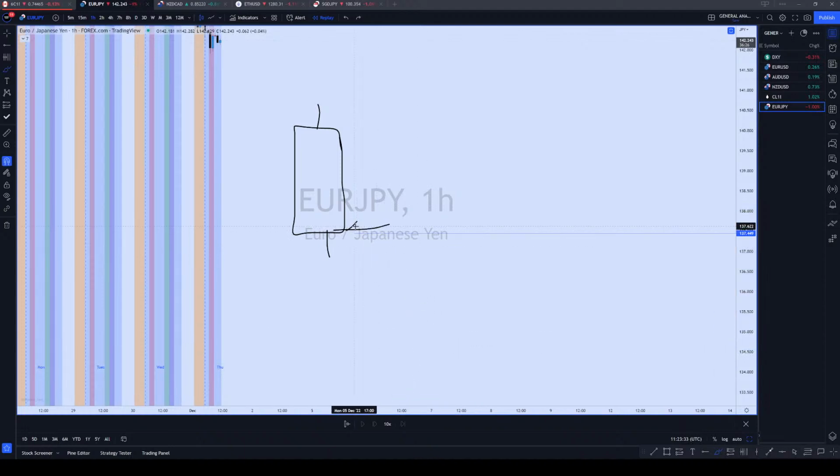Because once they trade aggressively through the opening price the next day, there's a very high probability price is going to end up being bearish. And then vice versa is true for the sell, because what I'm showing you is the buy, so the opposite will be the sell.